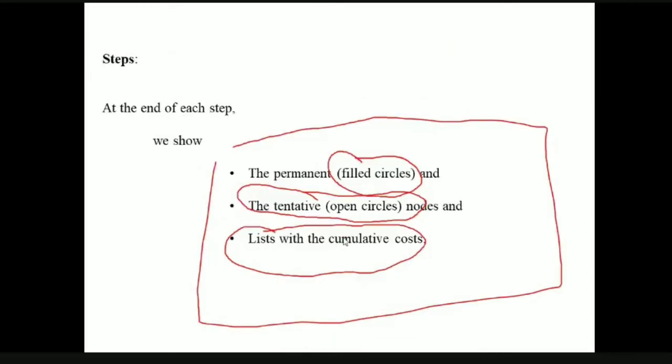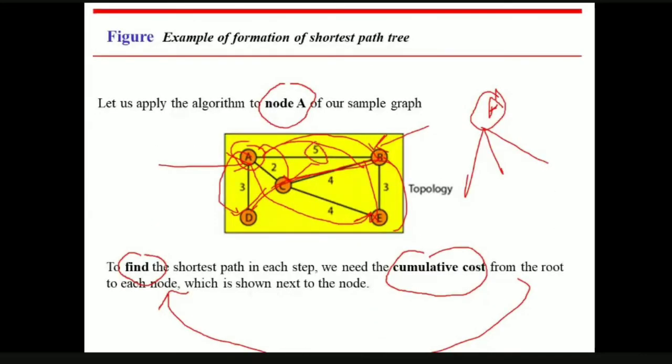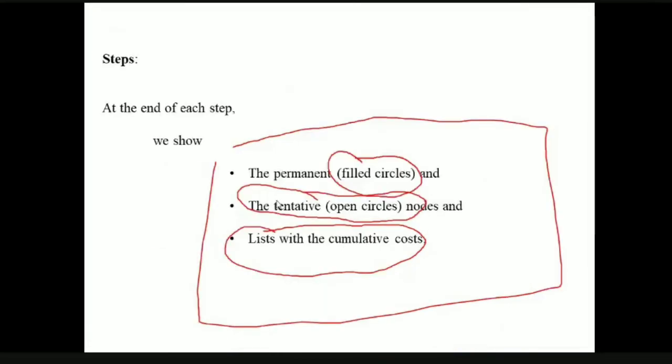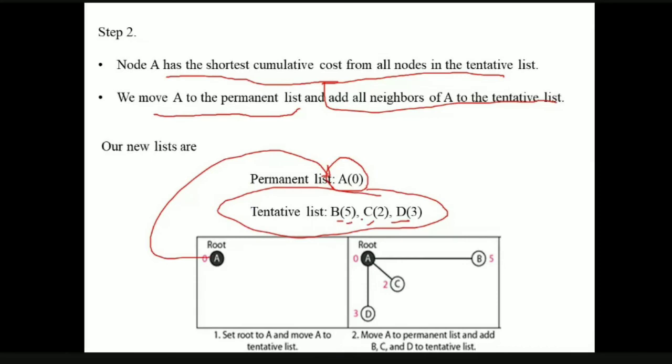What is the distance between A and B? It is 5, A and C it is 2, and A and D it is 3. The same we have represented here, 5, 2, and 3. Now we have updated the tentative list: B with distance 5, C with distance 2, and D with distance 3.